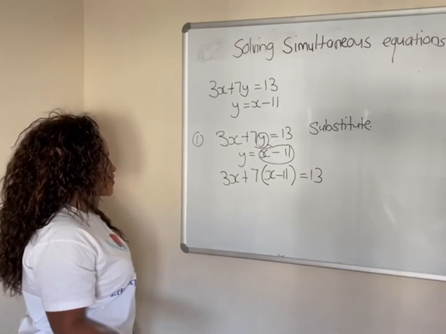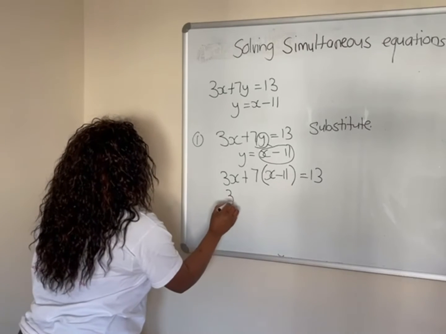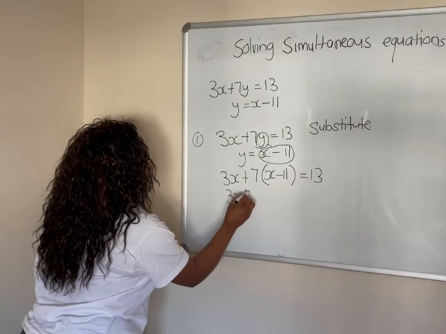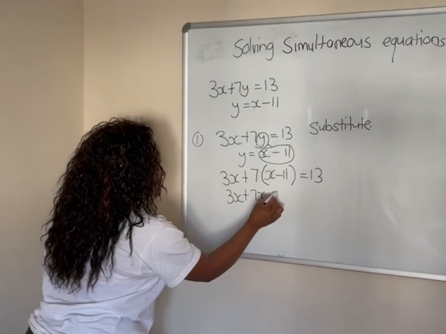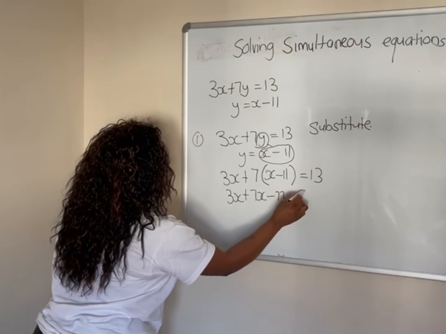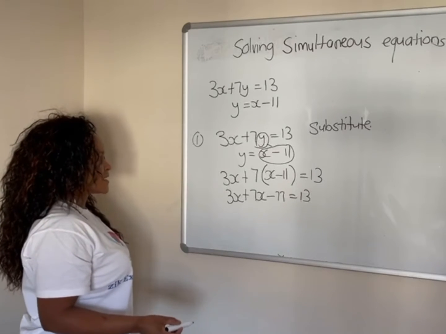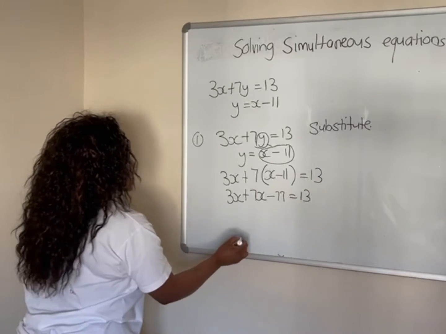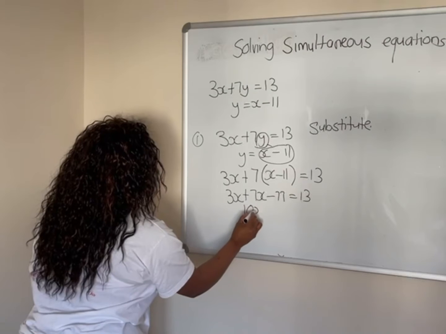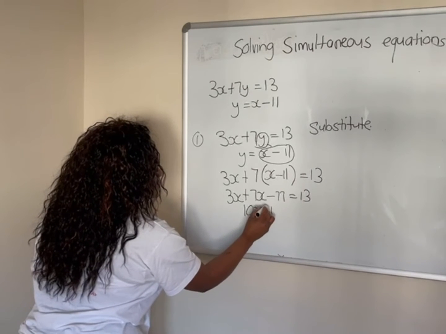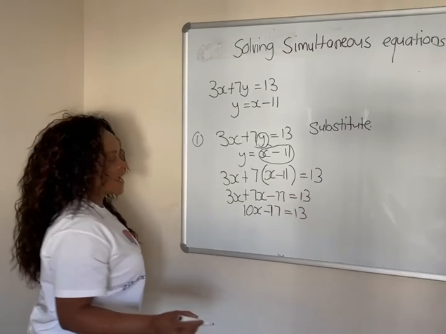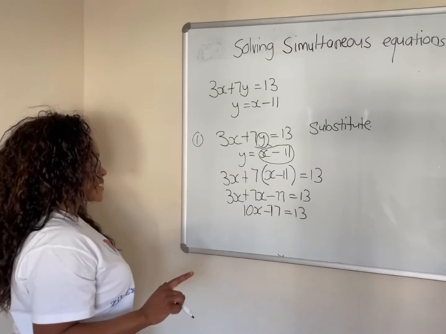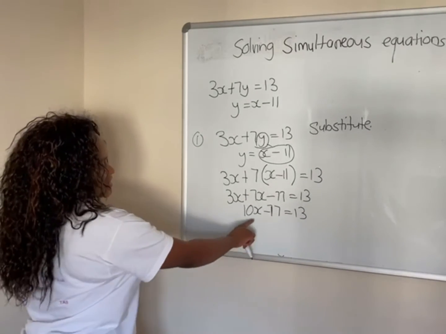So it's easier for me to work it out now. That will be 3x plus 7 times x, which is 7x, and 7 times minus 11 is minus 77, equals 13. Collecting the like terms, I can add 3x and 7x, which will give me 10x minus 77 equals 13. Remember, collecting the like terms, I cannot take away these two.